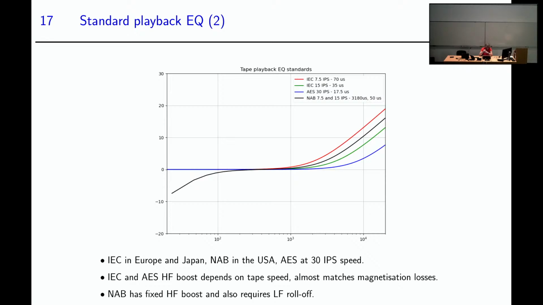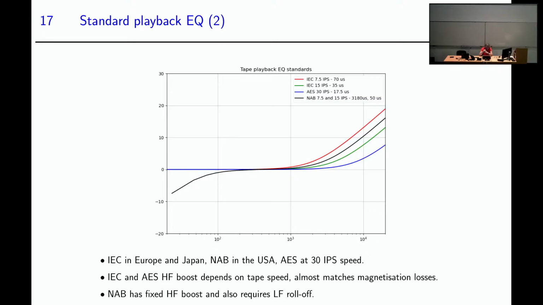The American NAB one, which is the black trace in this case, was the same for the two tape speeds that were used professionally. And there was also one defined by the AES to be used at the higher speed, 30 inches per second.